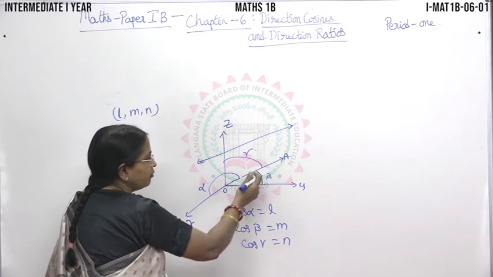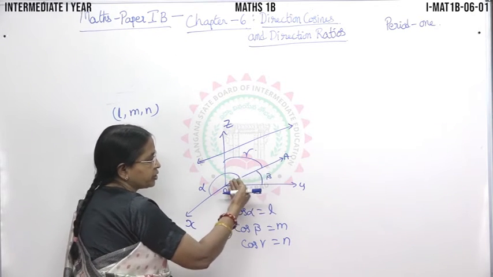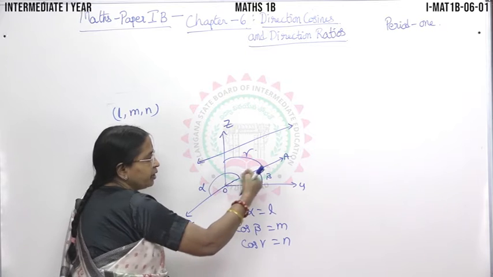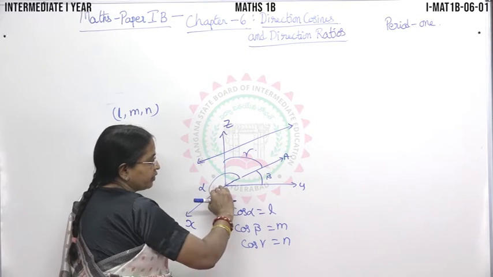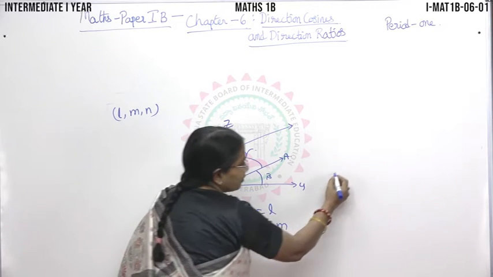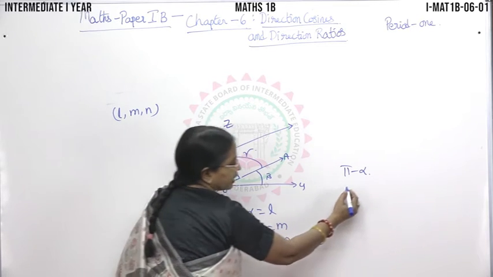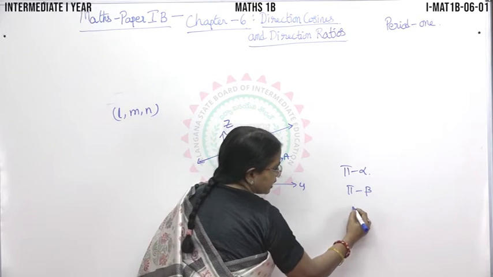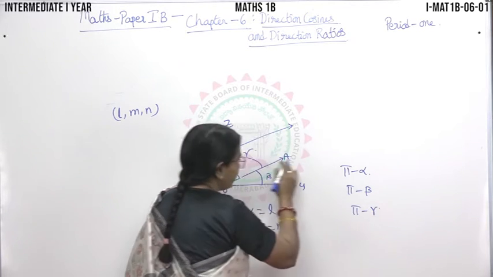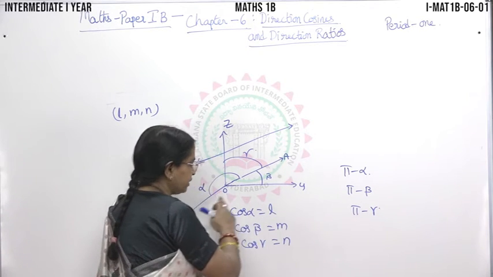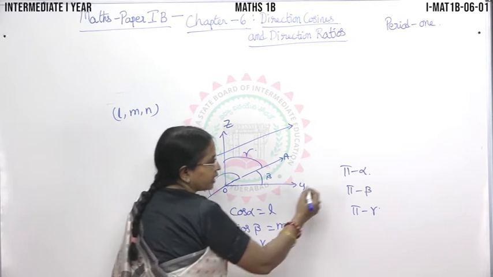Now, when you consider the opposite direction of this, in this direction it is making alpha, beta, and gamma. When you take the opposite direction of it, then it makes pi minus alpha with x-axis, pi minus beta with y-axis, and pi minus gamma with z-axis. The same way, the opposite direction will make these angles with the positive direction of coordinate axes.